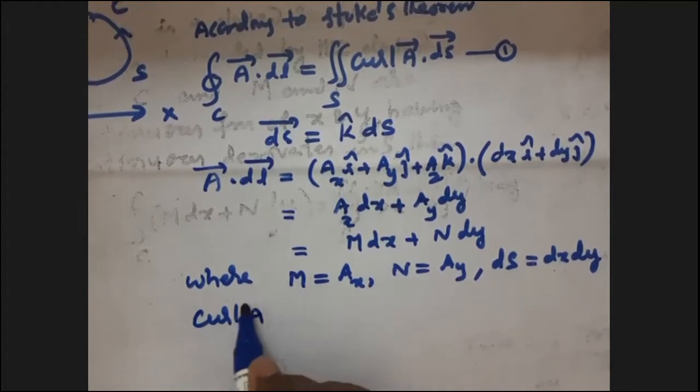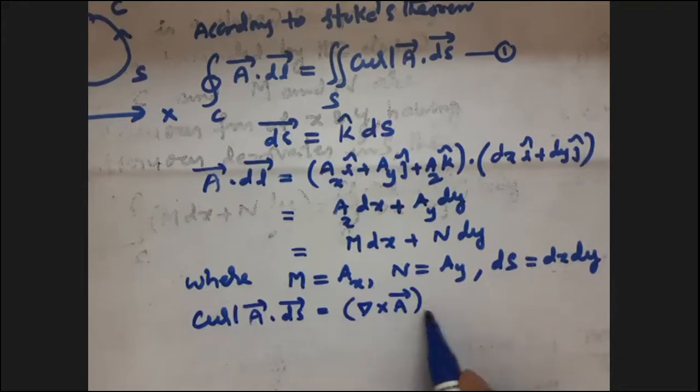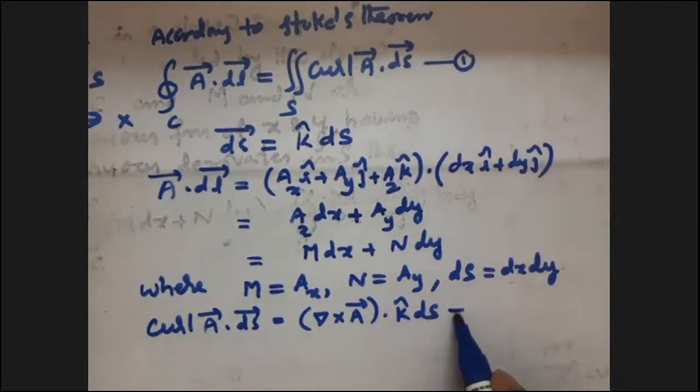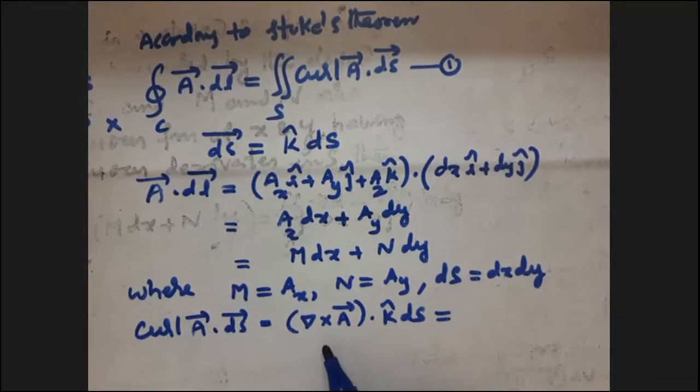Now you take the curl of A bar. Curl A bar dot ds bar equals del bar cross A bar dot ds bar, which is k cap ds. Del bar cross A bar is the determinant with i, j, k, dou by dou x, dou by dou y, dou by dou z, and A_x, A_y, A_z. In that you take the k component.